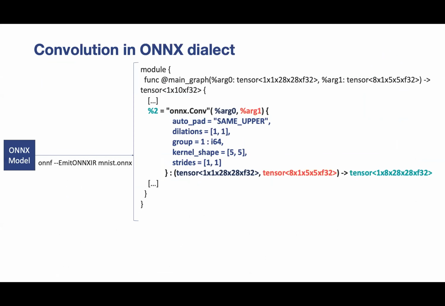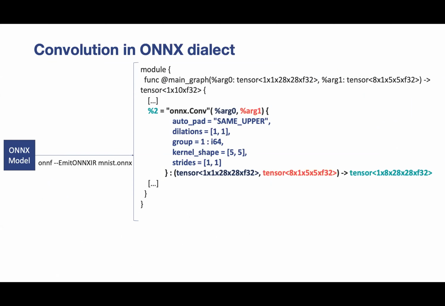So this is how MLIR encodes an operation, and as you can see, it's very similar to how ONNX is represented, with a few, of course, representational quirks that MLIR adds. It keeps track of all the inputs, the types of the inputs, and all the different attributes.